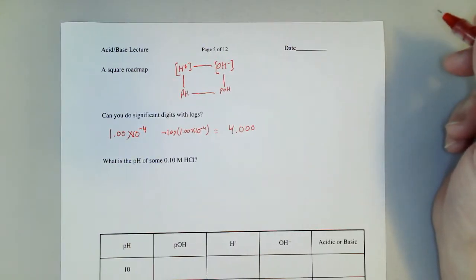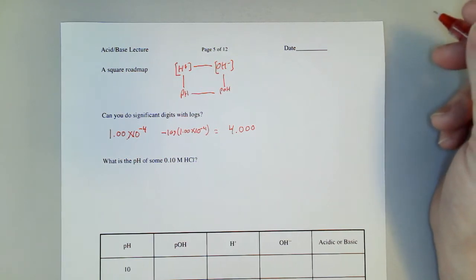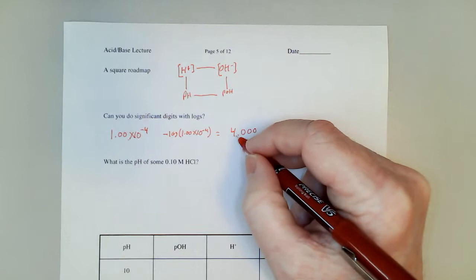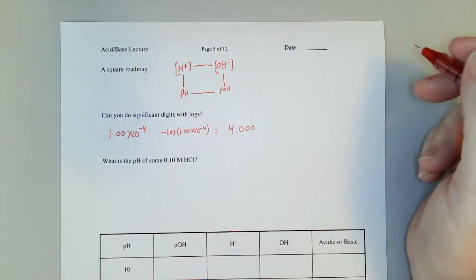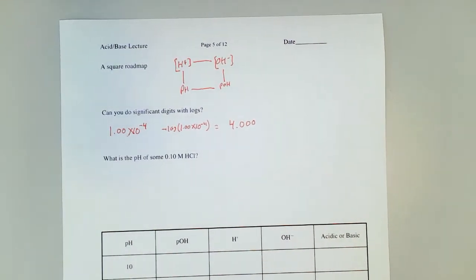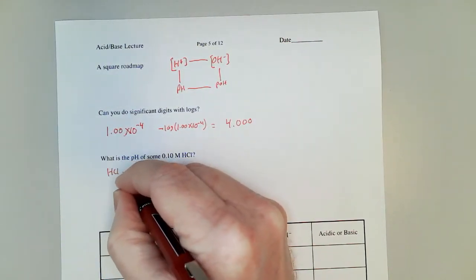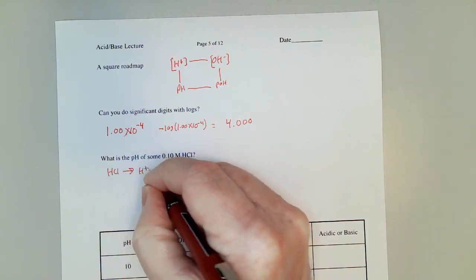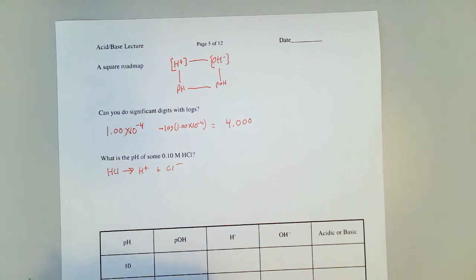So when you're looking at something like a pH or a pOH, the significant digits are the ones that come after the decimal point. We'll practice that a bit, don't worry. So now, our first problem. HCl breaks up into H plus and Cl minus. Fully dissociated, strong acid.